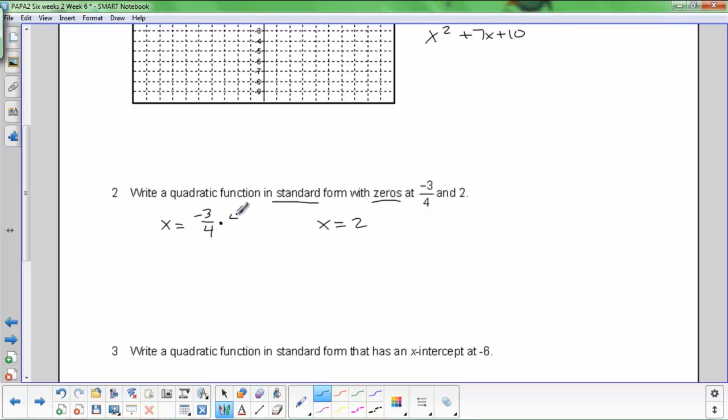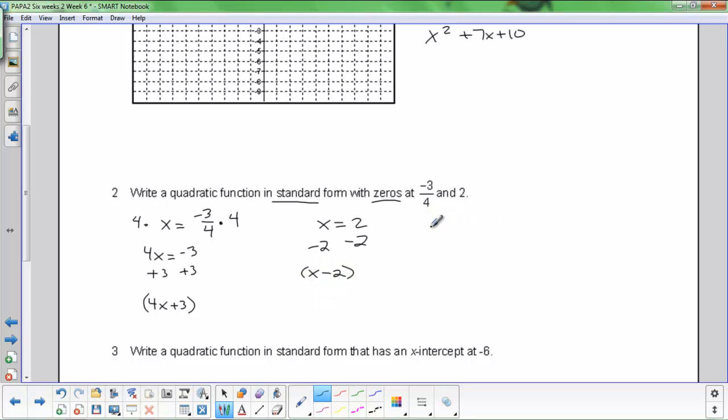So I'm going to multiply the 4 first by moving it to the other side of the equation. 4x equals -3. So I'm going to add the 3 to the other side. And my first binomial for this particular quadratic is 4x plus 3. Subtract 2 from both sides, and x minus 2 is the second binomial.